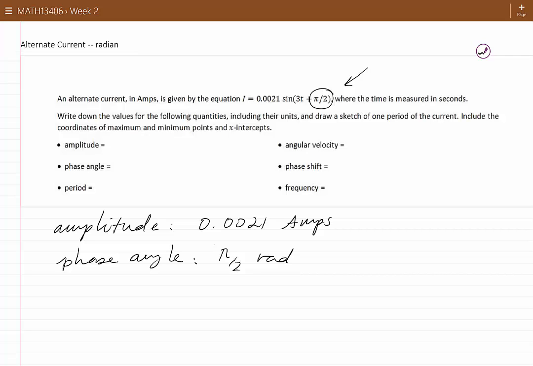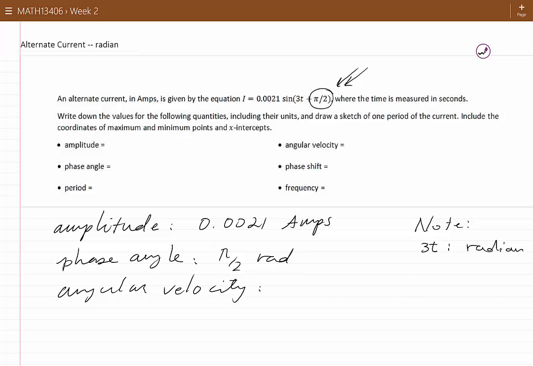Angular velocity would be the next quantity I will look at. To find the angular velocity, we have to do a bit of calculation. We note that the phase angle, π/2, has the unit radian. That means 3t has the dimension of radian.